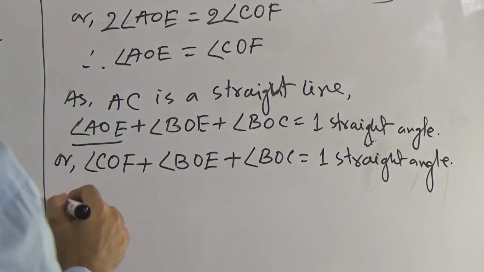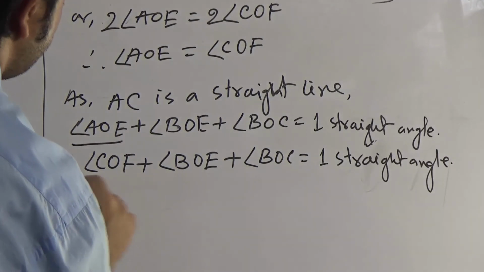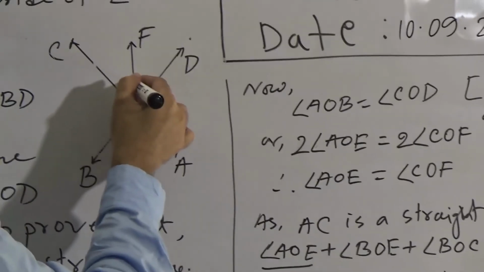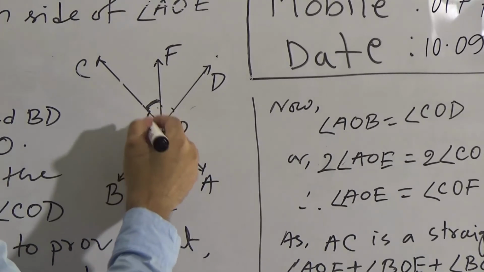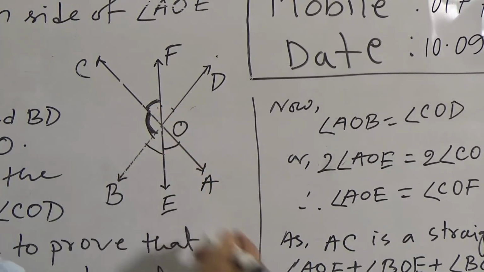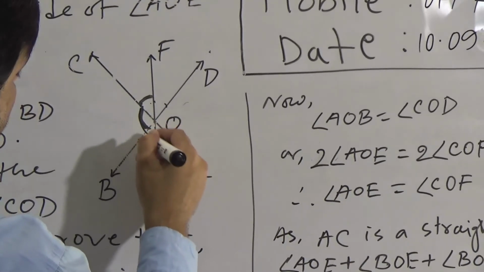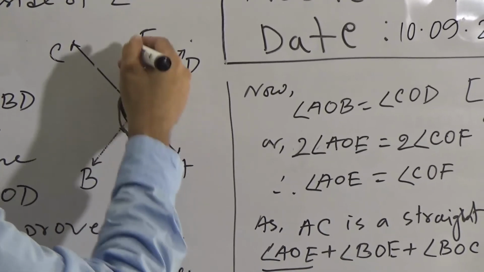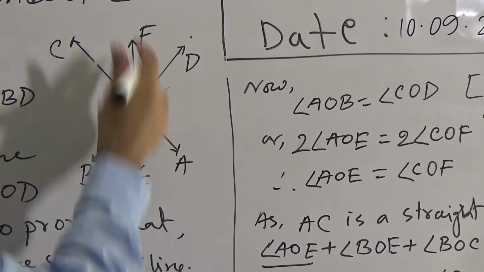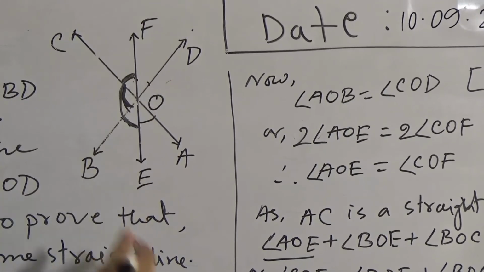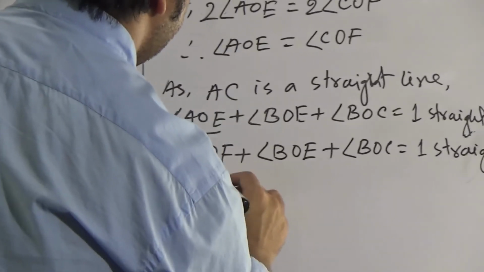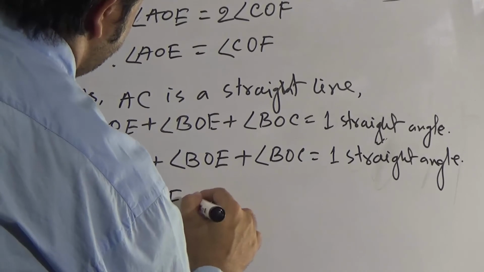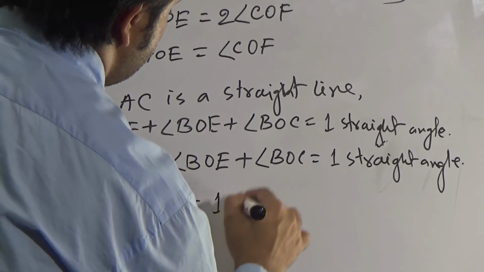Okay, dear students, now see, angle COF means this angle, angle BOC means this angle, and angle BOE means this angle. It means that the sum of these three angles is one straight angle. It means that angle EOF is equal to one straight angle.